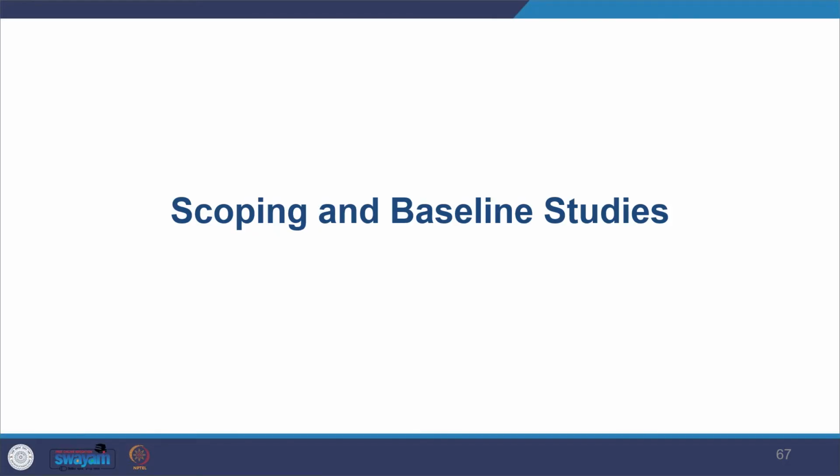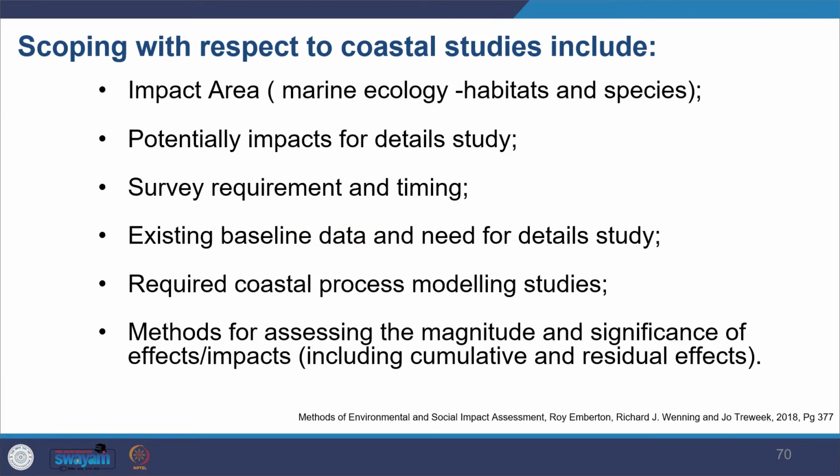So moving on to the scoping and baseline studies. While you're doing scoping, there are certain key issues which you need to consider at the scoping stage when you're dealing with the coastal area. First you would identify the impact area.